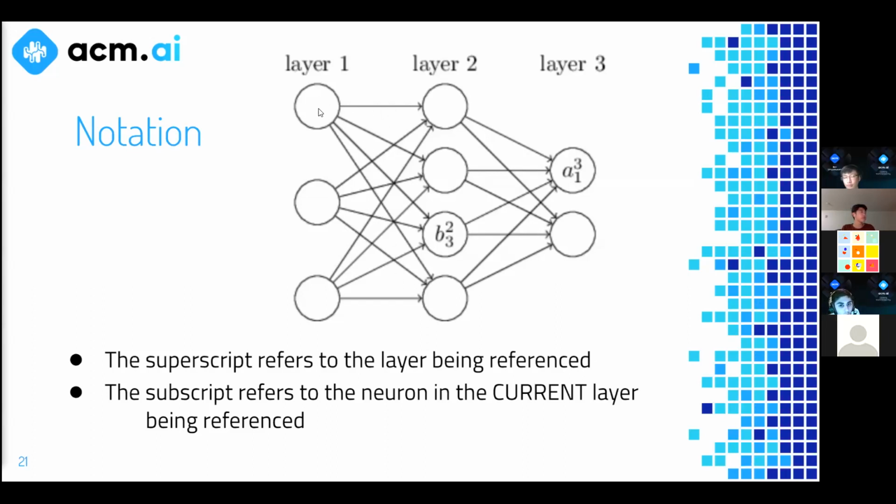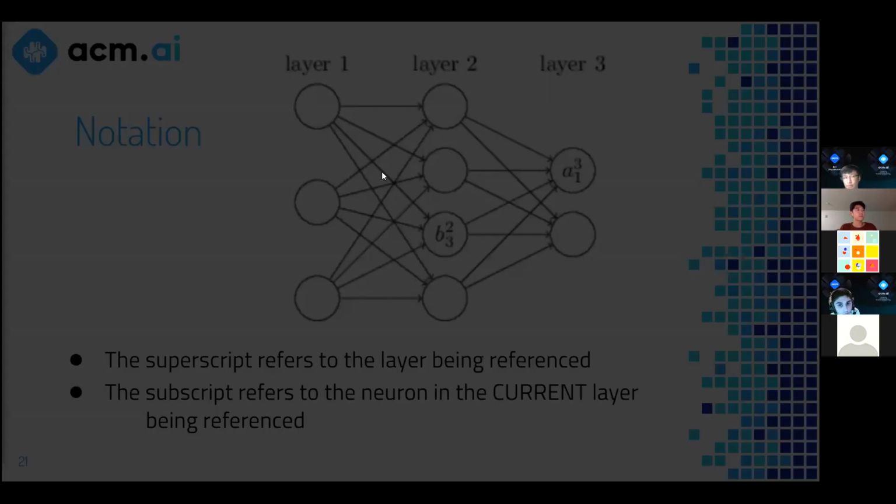So if we're computing the outputs for this layer, that WL refers to all of these lines. Every single line that you see between layer 1 and layer 2 is encoded in WL, okay? And it's organized in a specific way that we're going to explore in a second.